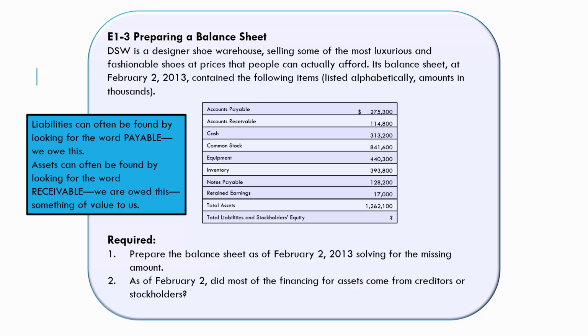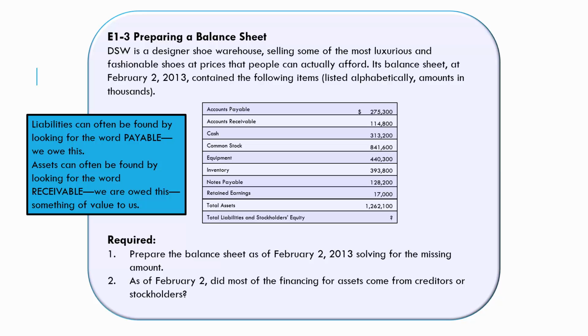They give us a total asset number. Why do they do this to us? Well, it's because they want us to go back and use the accounting equation. So the first requirement of this problem is to prepare a balance sheet. Going back to our learning objectives, we are learning what the elements are, we are learning to classify things, and another thing we're going to do is use our accounting equation, which is another learning objective.